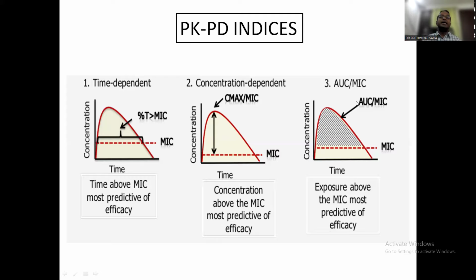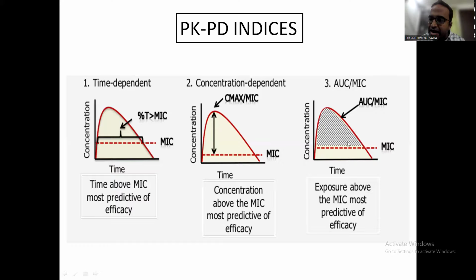So coming to the third category, what happened? Some need time. So the x-axis is time. Some need concentration. Now, if a drug needs both, then X into Y becomes the area. This is very simple. There is nothing new or new logic to understand.